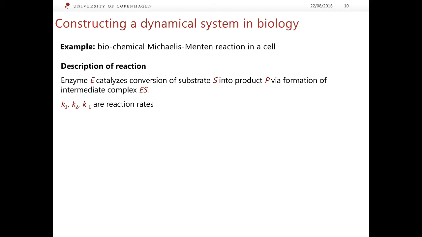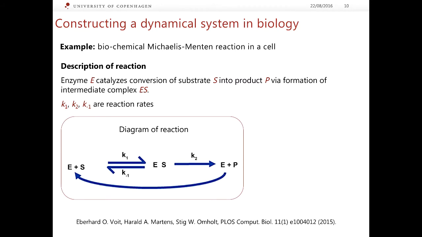We suppose that reaction rates are known and they are denoted as constants K1, K2 and K-1. For those of you who have learned a little bit of chemistry, it might be easy to read the diagram of this reaction.